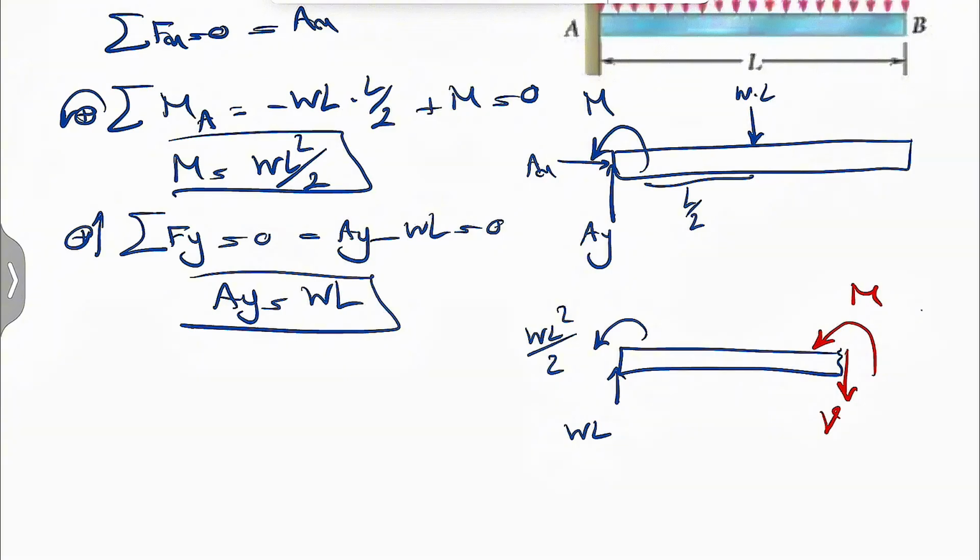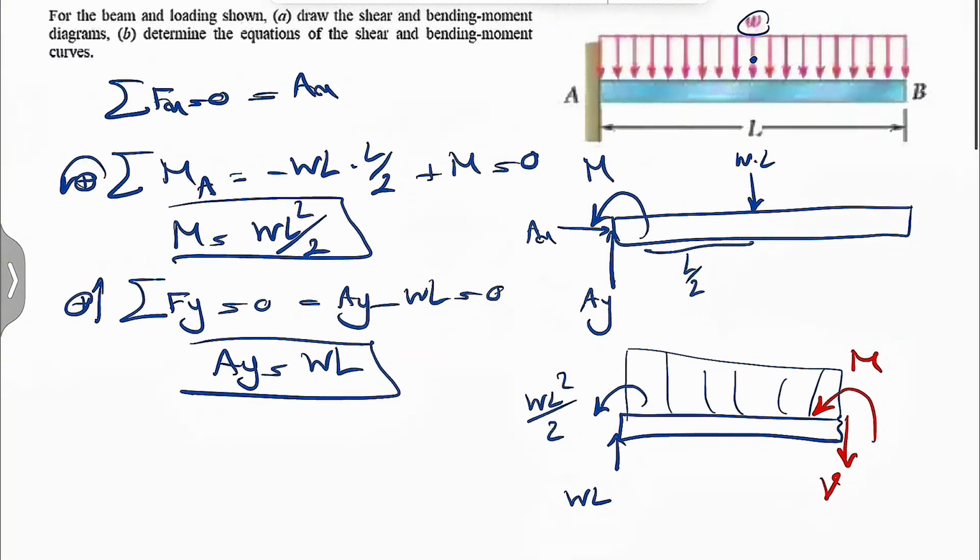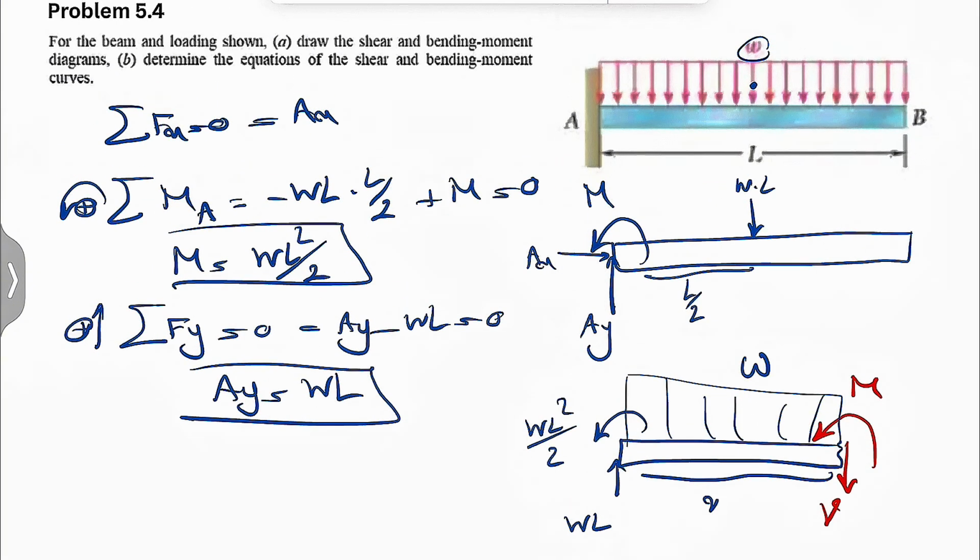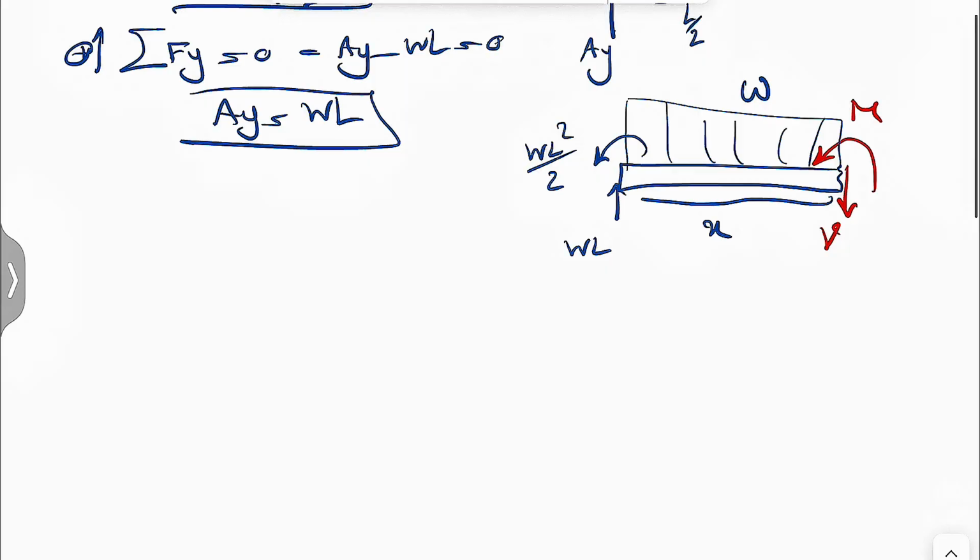And as a sign convention, this is going to be our positive for shearing force and the bending moment. We also have the distributed force on the beam, which has W, and our distance here would be X. We are moving X from 0 to L.